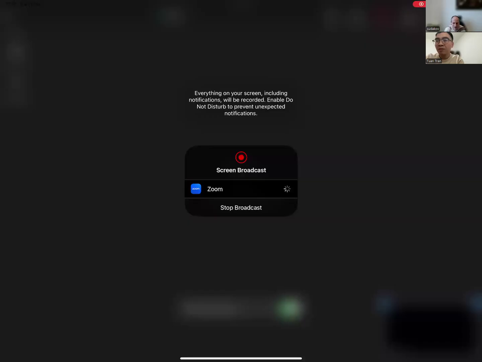Multiple participants can share simultaneously, so you should be able to share your screen. Can you share your screen? Yes, I can. Yes, so we see your screen.